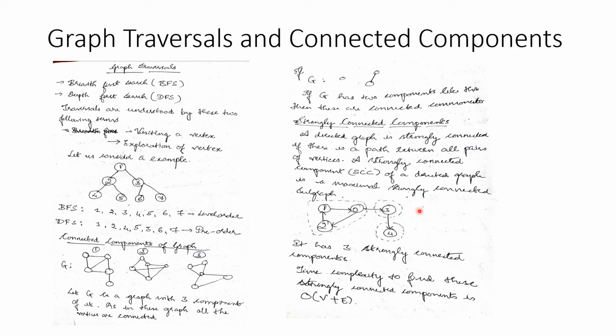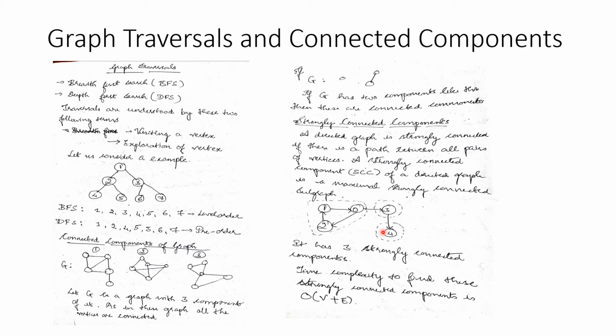If I am going to 4, I don't have any edge going out from 4, only the edge going from 3 to 4, but no edge going from 4 anywhere. So this stands individually as a vertex wherein it doesn't go anywhere. Similarly, this 3 also stands individually. Such kinds of components you are going to call strongly connected components.